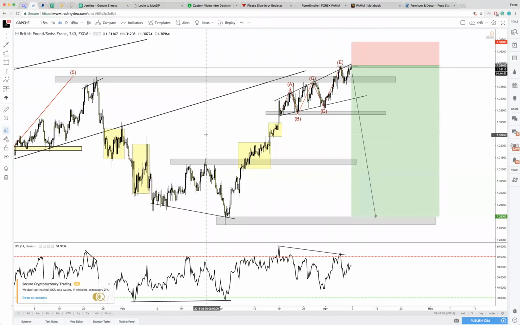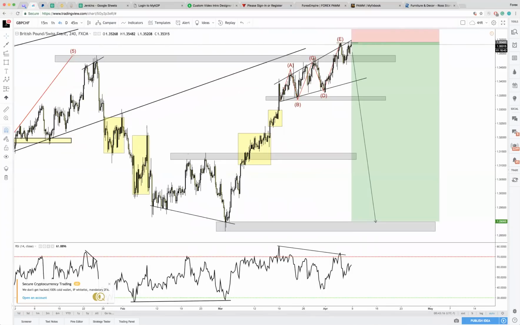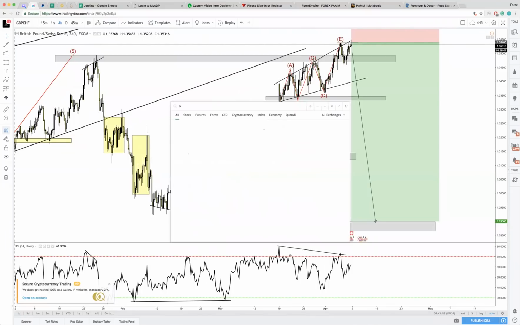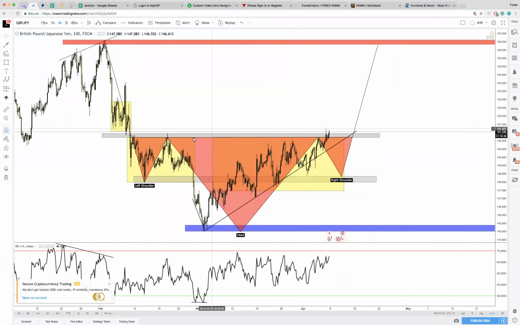Now, all right, guys, we have GBP JPY as the next target. GBP JPY is not getting respected whatsoever at the head and shoulder, but we'll see.